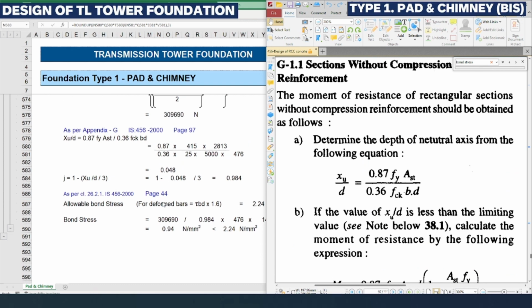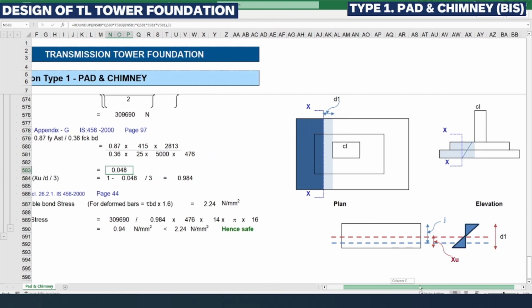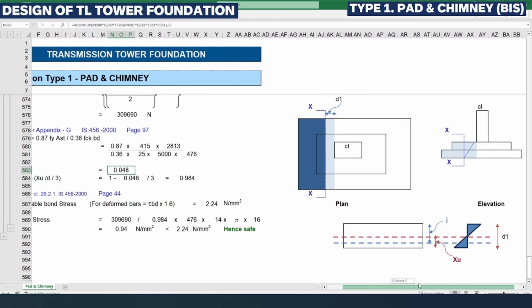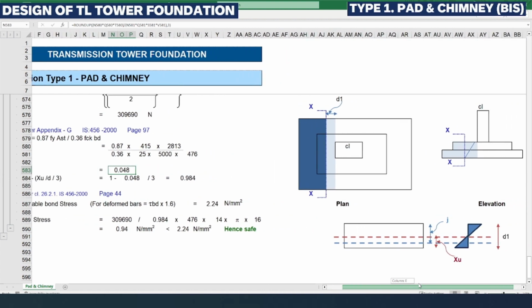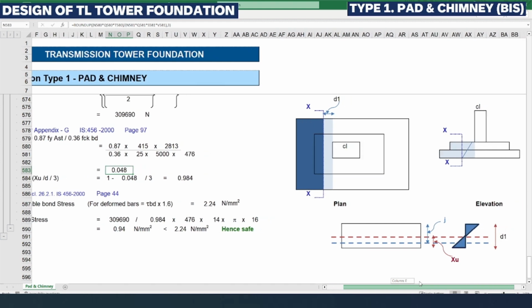So now we need to find out the lever arm distance. So what is that lever arm distance? You can see here in the picture, right hand side. After calculating the XU by D, which is the neutral axis depth, the neutral axis depth lies on this red color line.